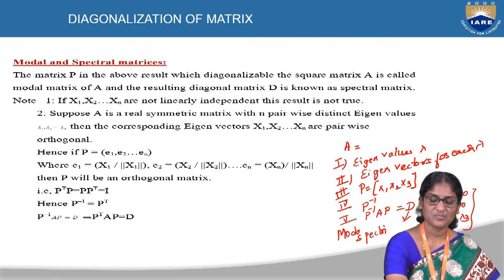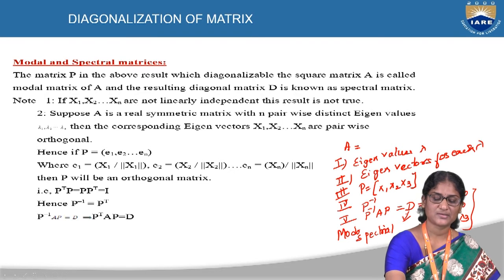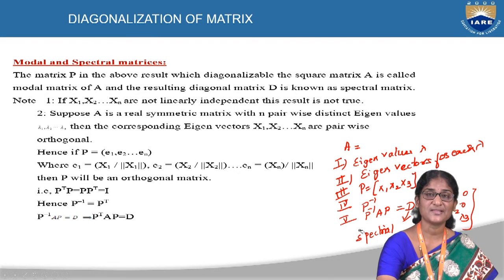So it's a very lengthy procedure. First we find the eigenvalues. Next we find the eigenvectors. Then we take the set of eigenvectors, find P inverse and multiply P inverse AP. Then we get the diagonal matrix containing the eigenvalues in its principal diagonal, which is called the spectral matrix and the required diagonalization of the matrix.